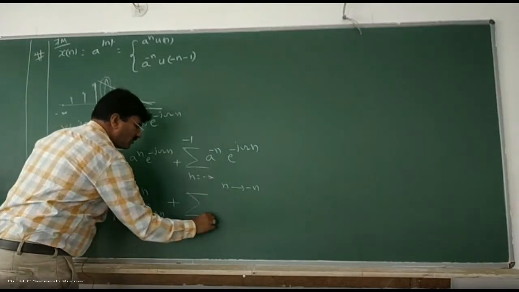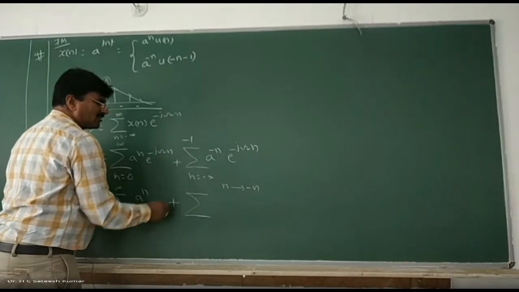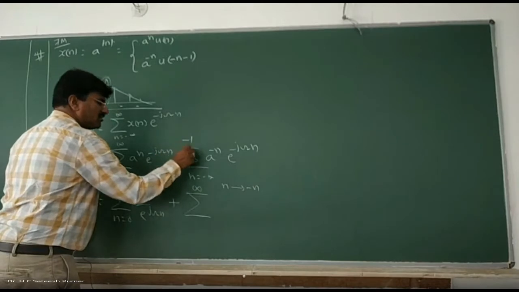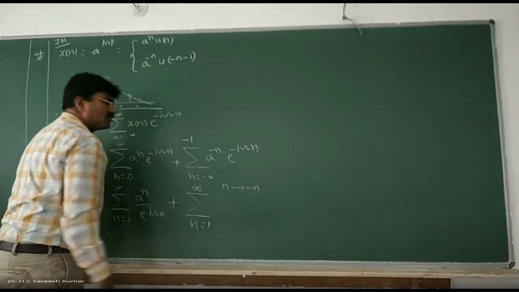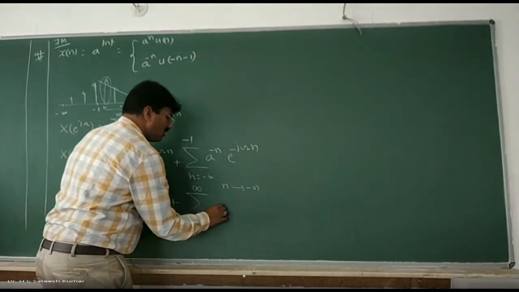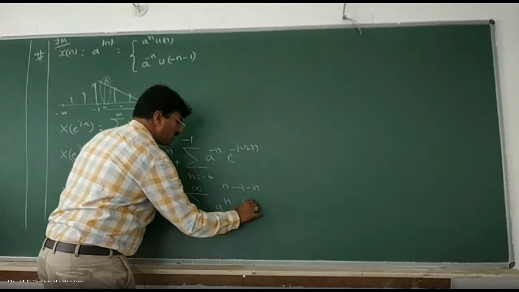We have the formula only for 1 to infinity. Minus n equal to minus infinity gives n equal to infinity, and minus n equal to minus 1 gives n equal to 1. When you replace, you will get a to the power n into e to the power of j omega n.